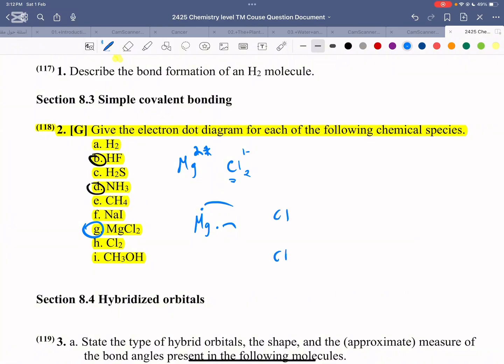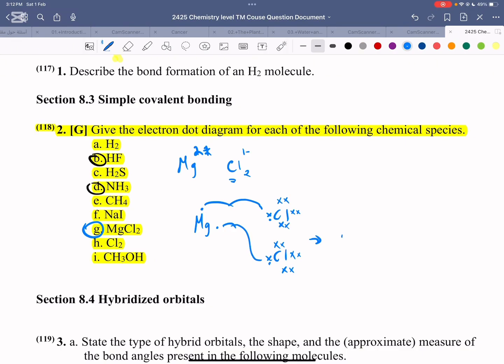Chlorine is group 7, so I'm going to put 1, 2, 3, 4, 5, 6, 7, and then again 1, 2, 3, 4, 5, 6, 7. Now what's going to happen? Mg will lose 2 electrons while each chlorine atom will gain 1 electron. So this will go here and this will go here.